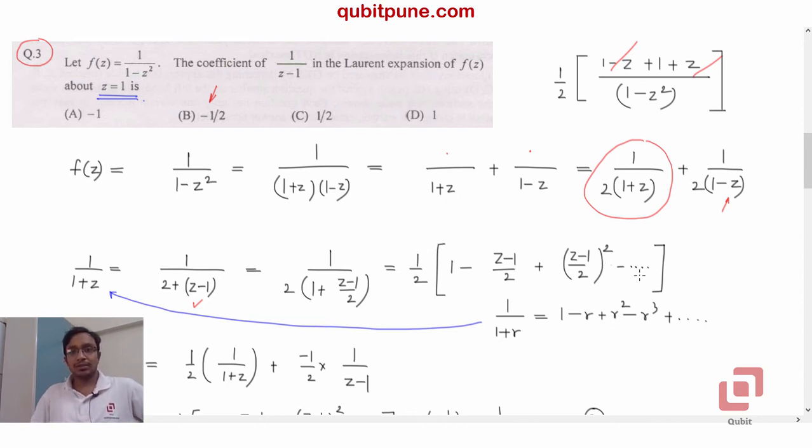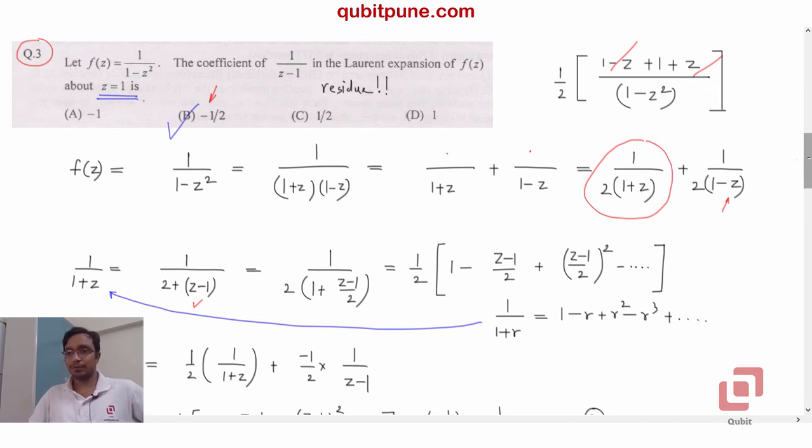Alright, so that gives me the answer as negative 1 upon 2, and hence it is option B. And the coefficient of 1 upon z minus 1 in the Laurent expansion of this function has a special name. We call it the residue. So you could have solved the problem the other way as well by directly finding the residue of f of z at z equal to 1. Okay, so question number 3, option B.